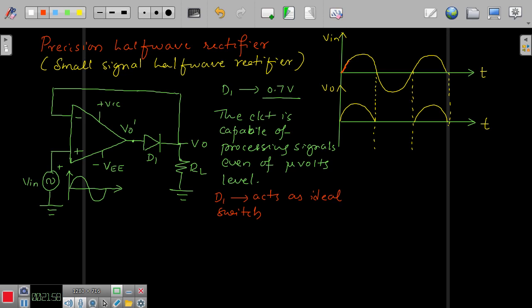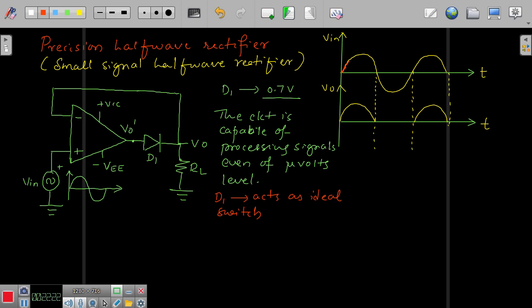So when the input starts increasing this way, as V in starts increasing, the output V naught dash also starts increasing in the positive direction. It is by virtue of the operational amplifier, right?